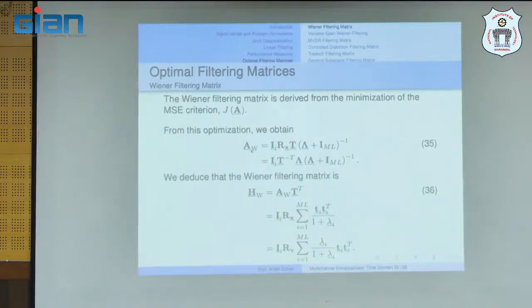Okay, now let's talk about the Wiener filtering matrix. We need to find the minimization of J(A), just like I said. And then the solution is this one. So try to prove that this is the solution, but don't put the solution in the derivative; try to find the derivative.